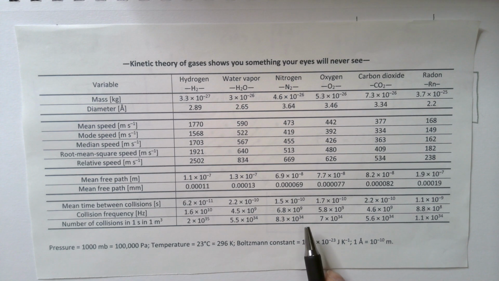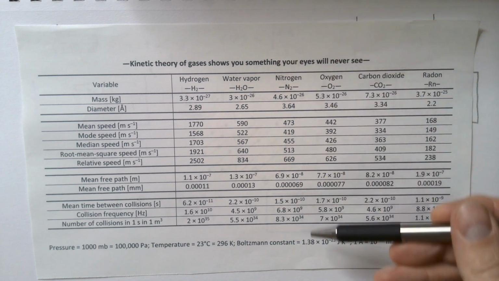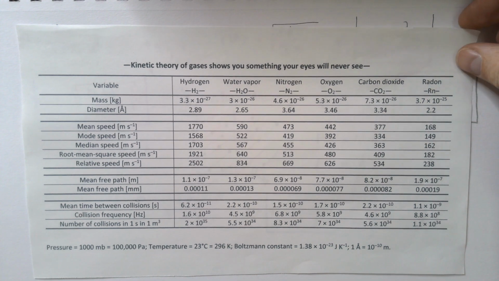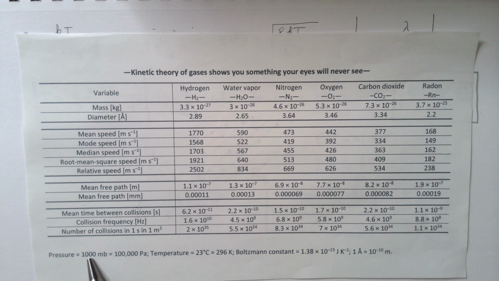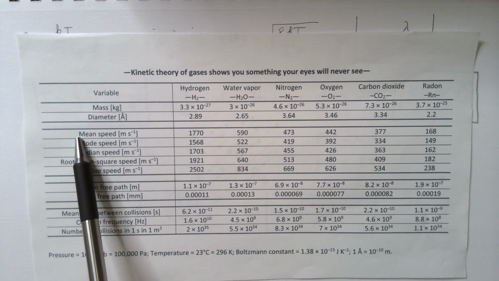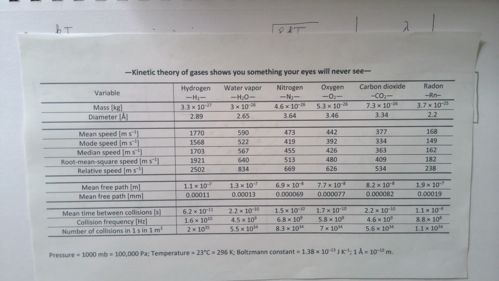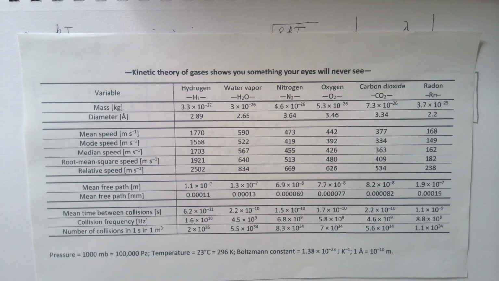This is really good table to bring with you to disco clubs, because this is perfect way to impress girls over there. If you go to disco club and you say, look, pressure is 1000 millibars, temperature is 23 degrees Celsius. Did you know that most probable speed of nitrogen in air that is hitting your glass of beer is 420 meters per second?